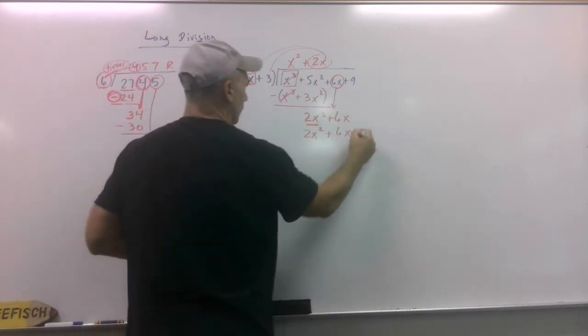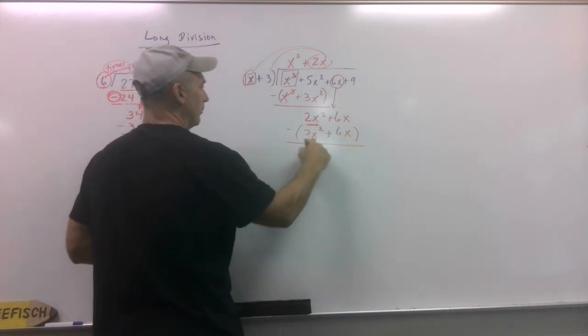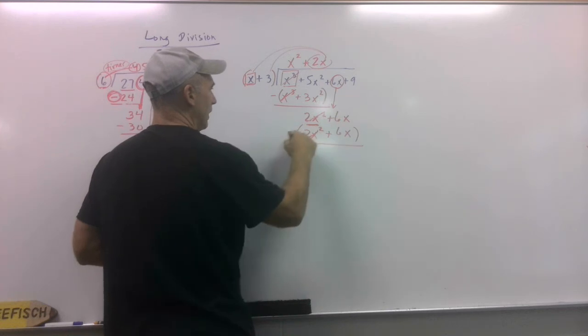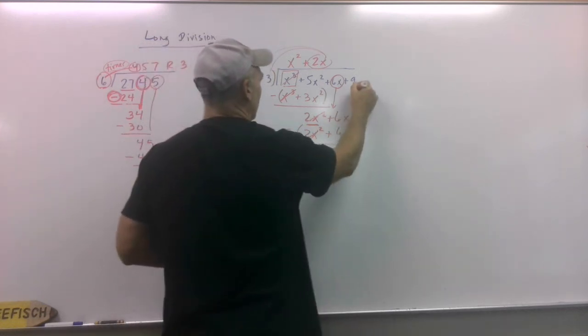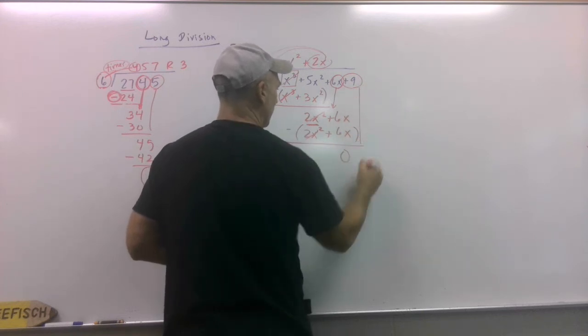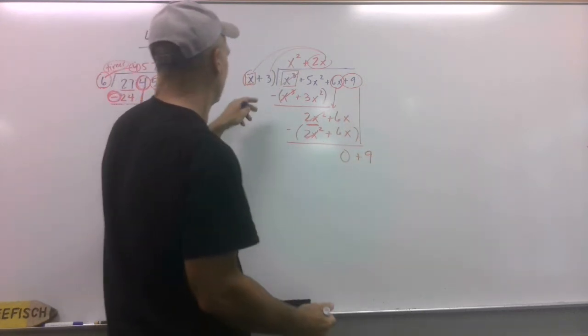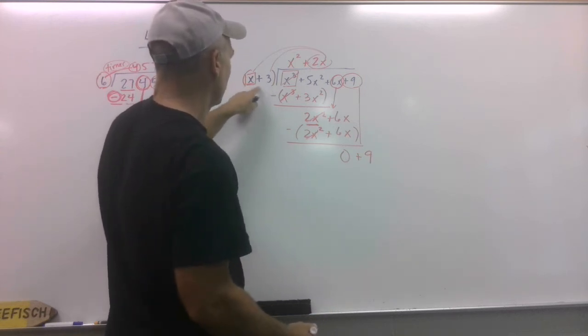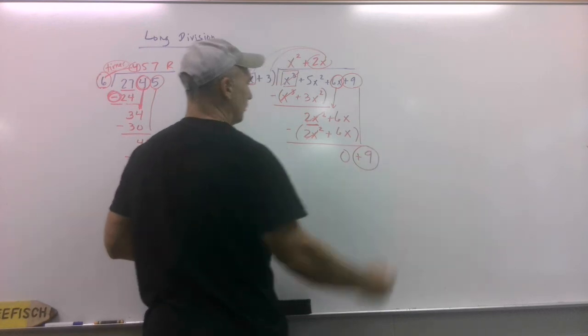Now, I'm going to subtract all of this. 2x squared minus 2x squared, gone. 6x minus 6x, gone. But I still have something to bring down, so that'd be plus 9. Now, notice, there's nothing I can multiply this by to get this. So this would be my remainder.